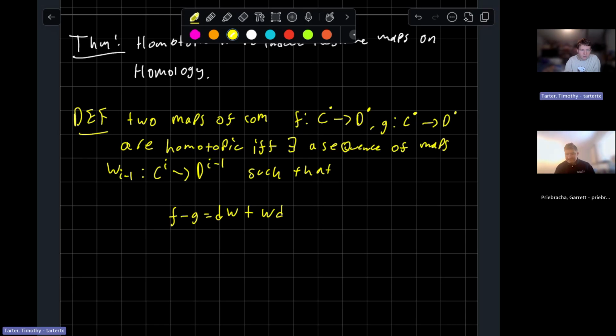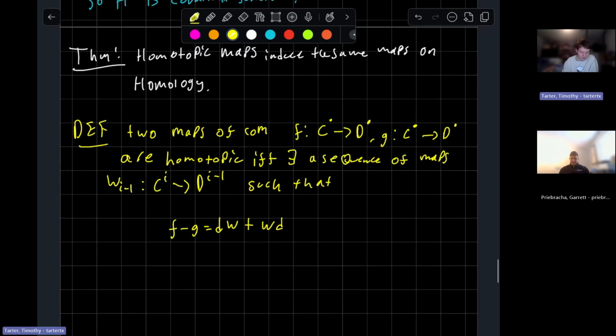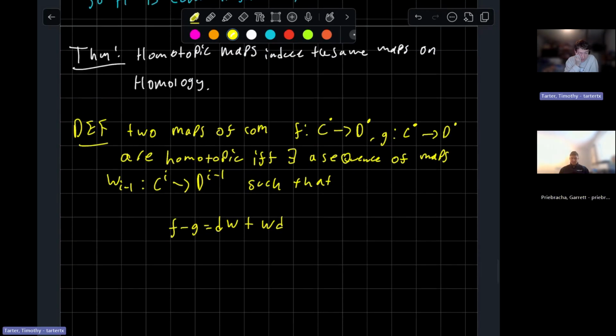Wait. Hold on, increasing complexes. Okay, and now there's not a definition. Hold on. Okay, I'm just going to have to dualize this. It's that.